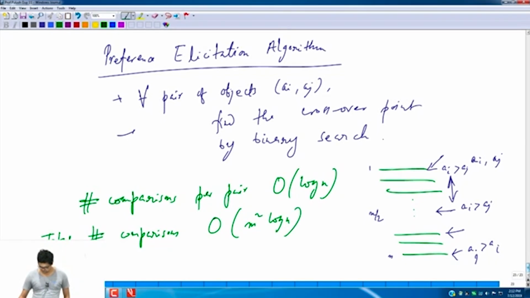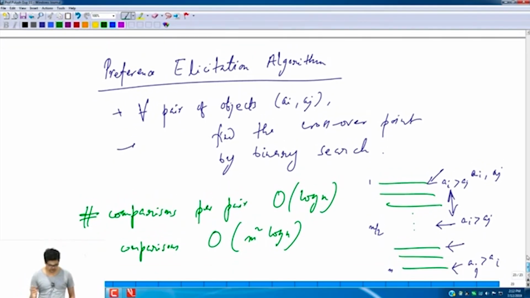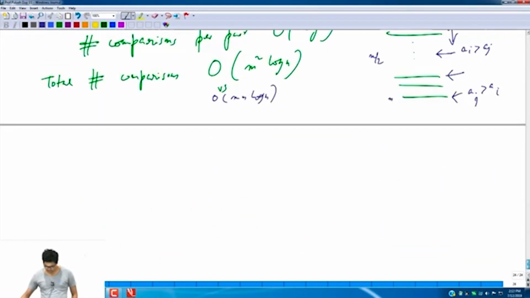Just compare it with what we had before, which was big O of mn log n. So you can't say it is strictly better, it's a little incomparable.